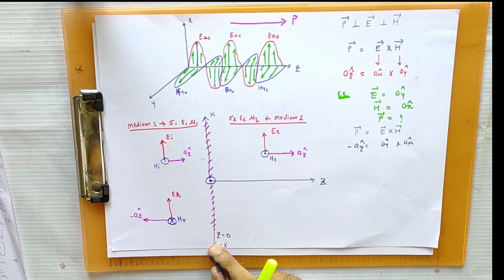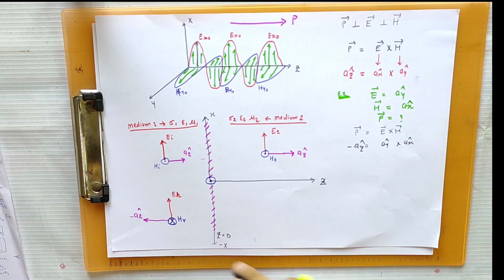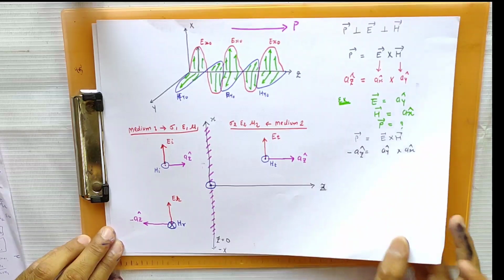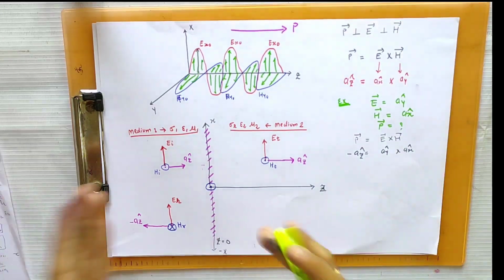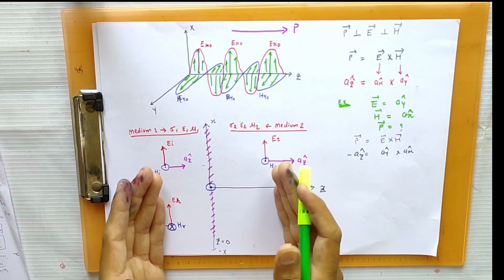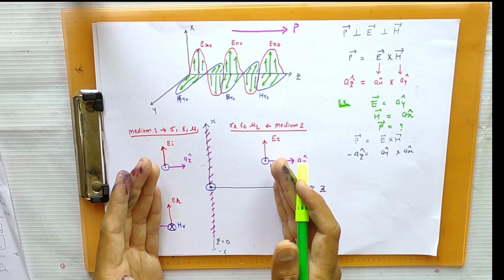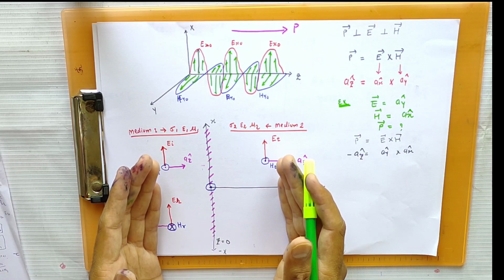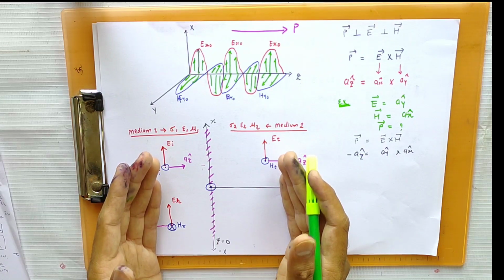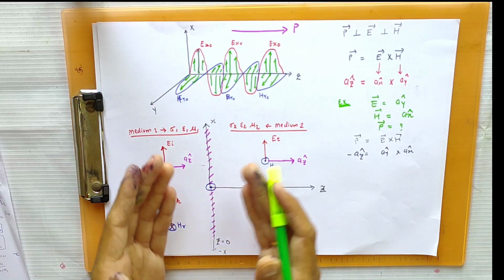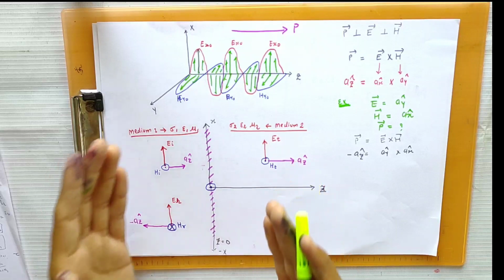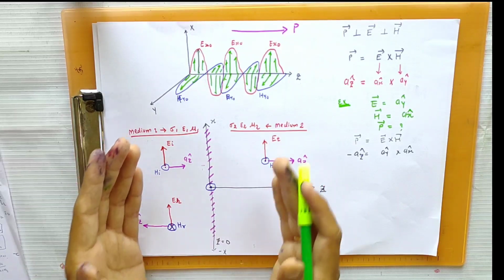So we have to apply the boundary condition for electric and magnetic waves that we discussed in our last lecture. Here there are two different media, medium 1 and medium 2. Here there is no conductor, no free space. It may be both dielectric media or anything, but both media are different.